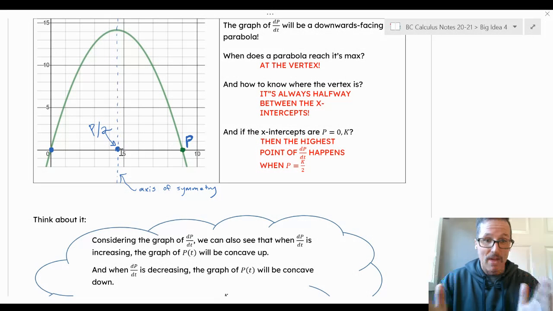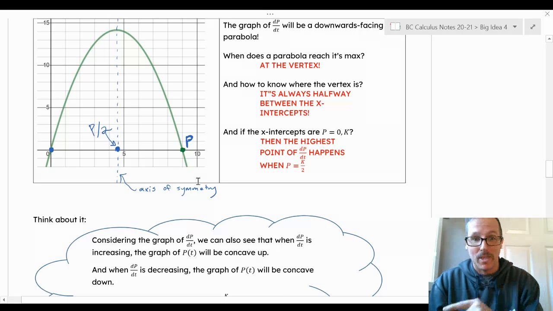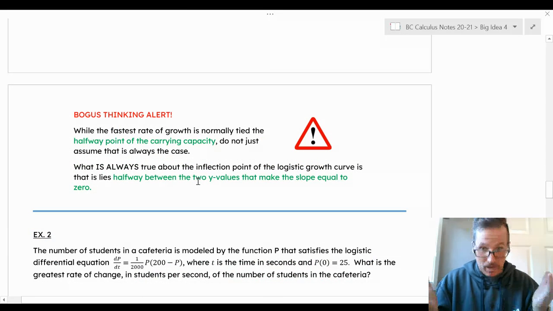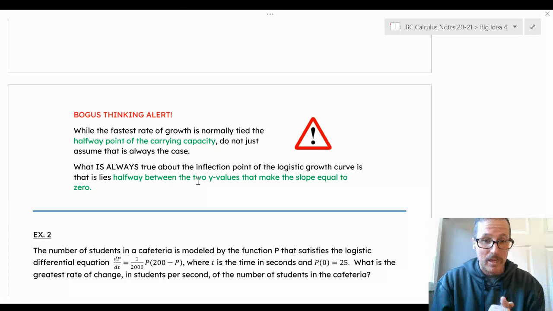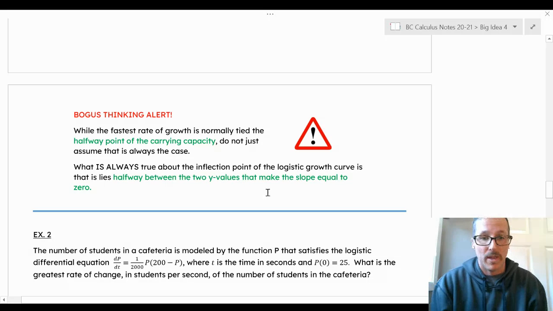It's just halfway between the two values of P that make the slope equal to 0. You're not going to see that a whole lot, but I want to tell you, because that is the mathematical truth. I want to be mathematically righteous here. So what is always true about the inflection point of the logistic growth curve is that it's halfway between the two values that make the slope equal to 0.